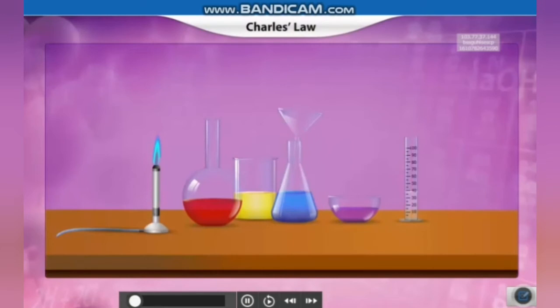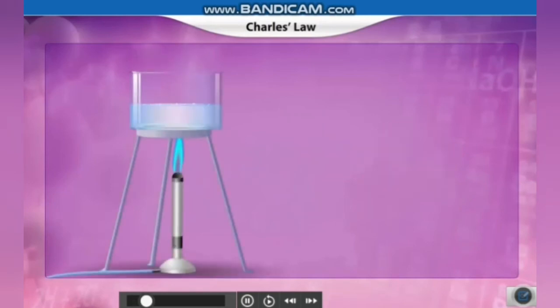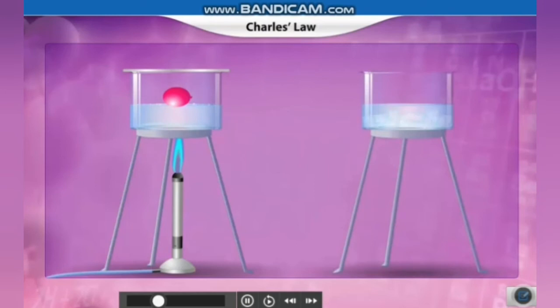Now, let us move to Charles' law. Considering Charles' law, let us take two inflated balloons and put the first balloon inside a jar which is being heated at high temperature. Let us put the second balloon inside a jar which is kept in an ice tray.